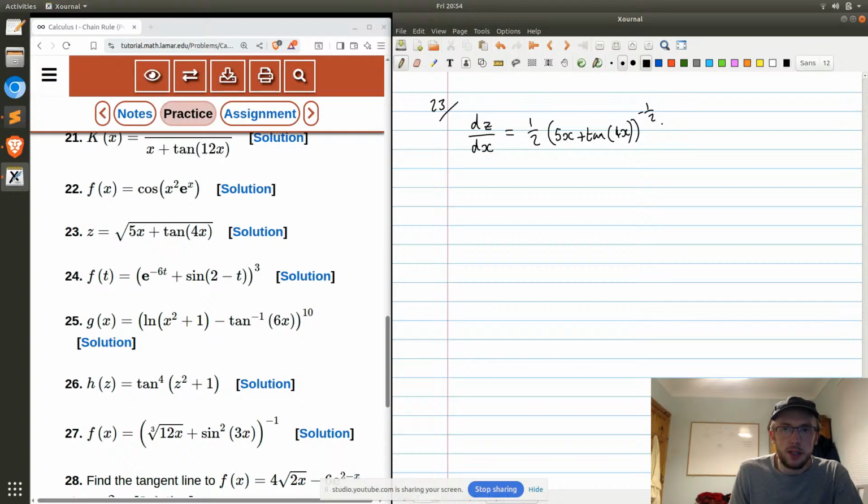Multiplied by the derivative of the inside one. So that's 5. And d by dx of tan x is sec squared x, and that's 4. Like that.